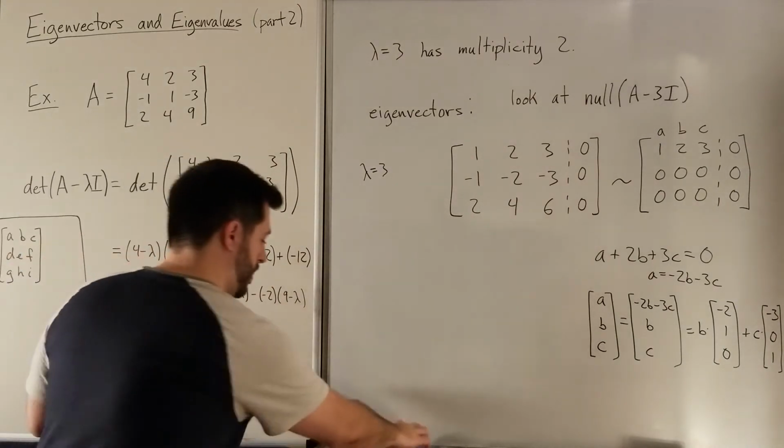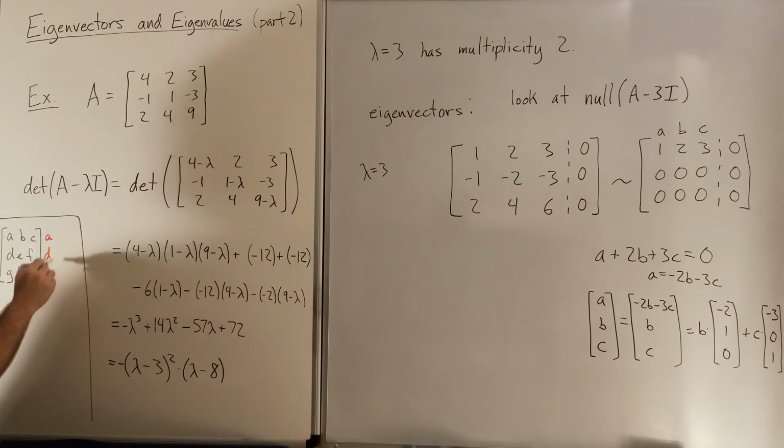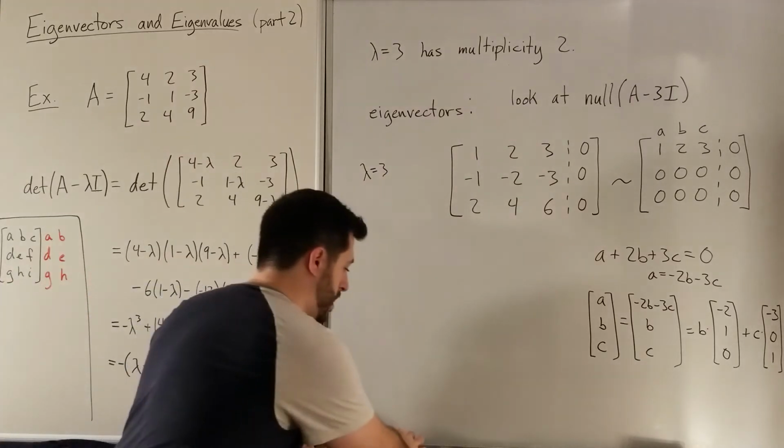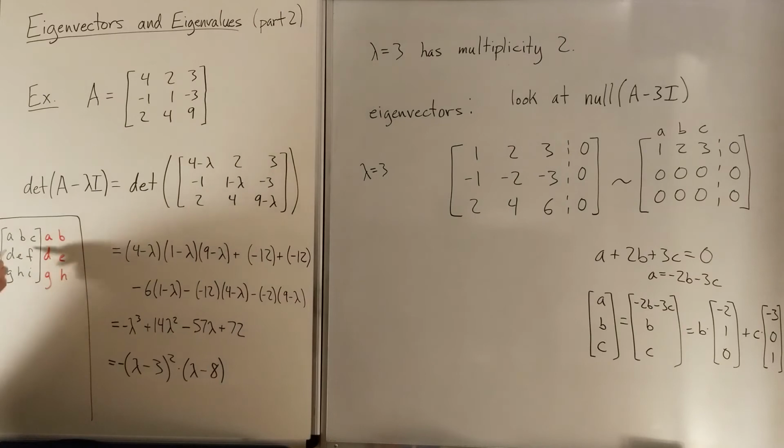what you do is you copy down the first and second columns here. So A, D, and G, B, E, and H. And then you do this.